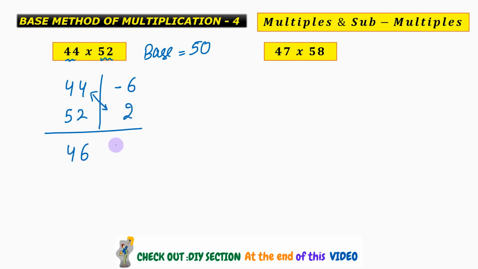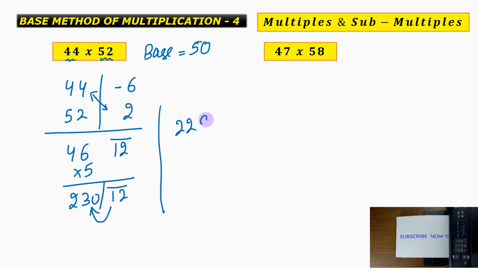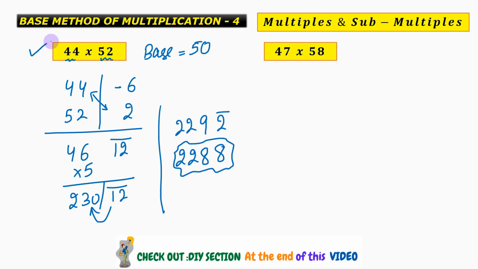Minus 6 into 2 is going to give us 12 bar. So 46 into 5 will be 230 with a 12 bar on top of it. Obviously this 1 bar will get carried over, so we will get 229 2 bar, which will give you the answer as 2288. And that, my friends, is the answer to this question.